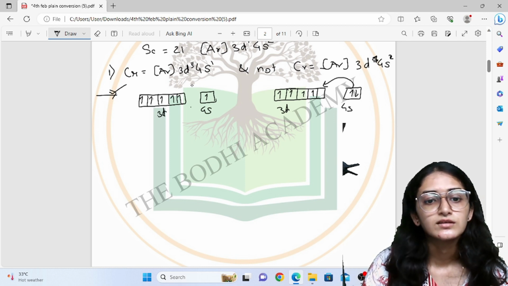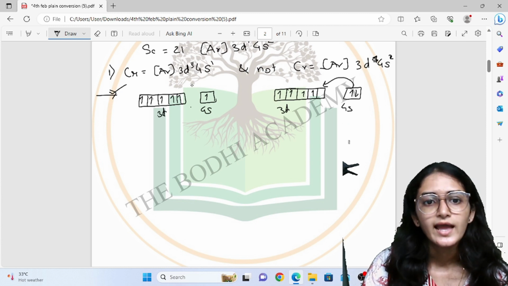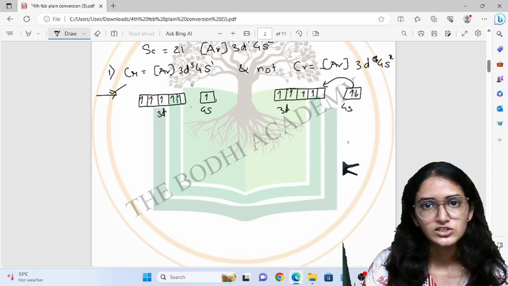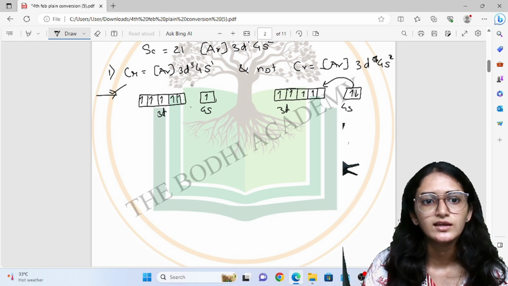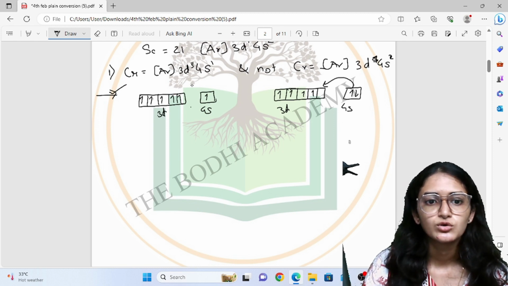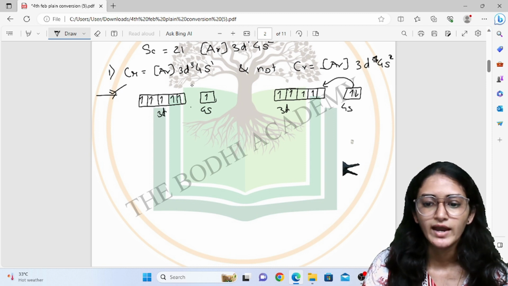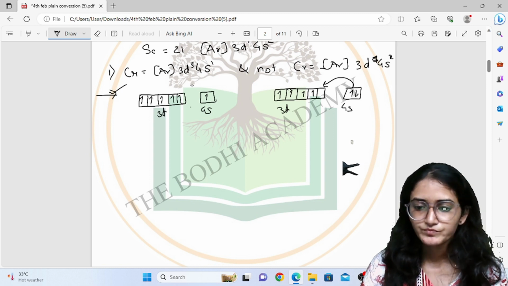So the answer to this question is: first you draw the configuration, and then you write that chromium has the 3d5 4s1 configuration to attain a half filled configuration because of the stability. The main reason is to attain stability, so that's why we have this configuration.